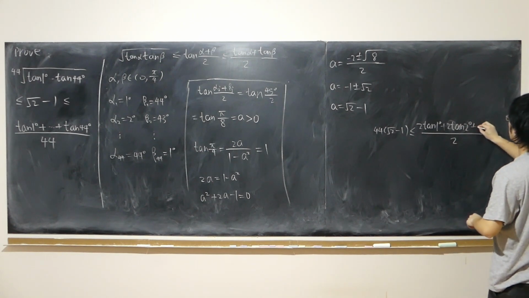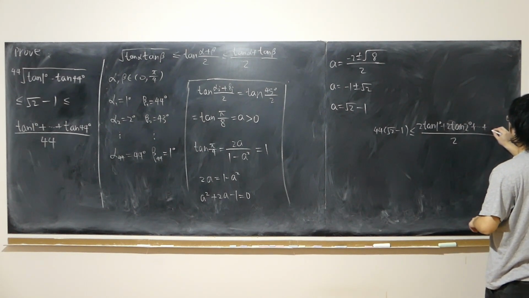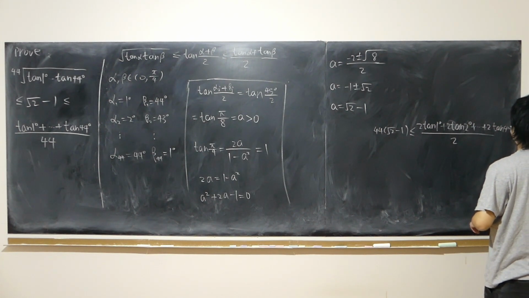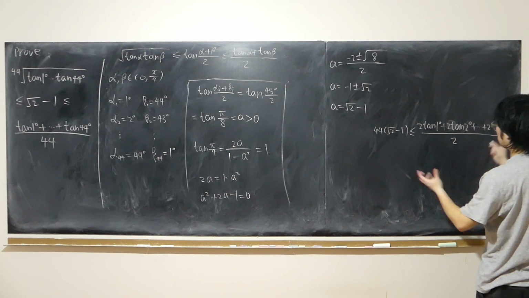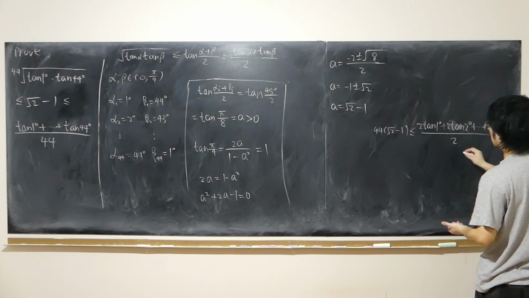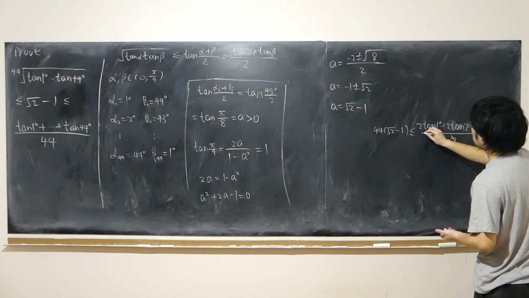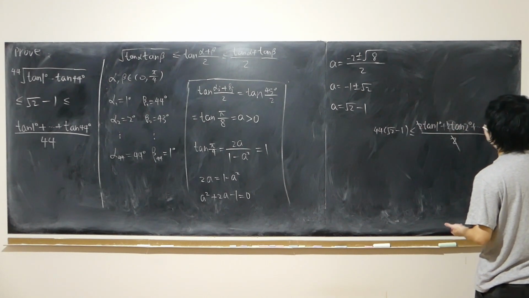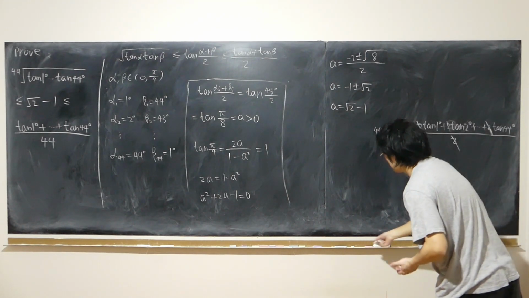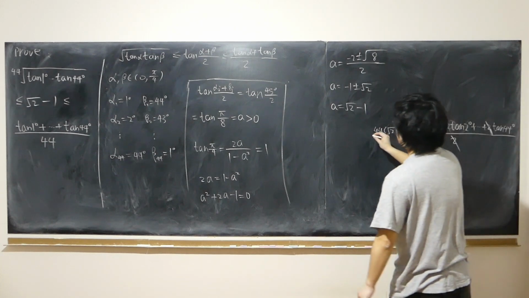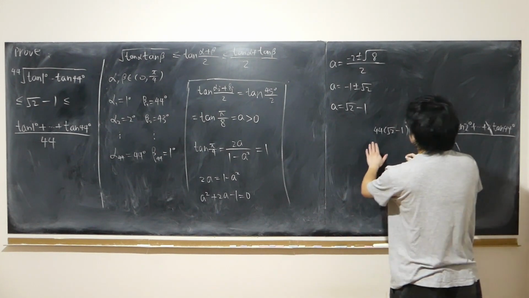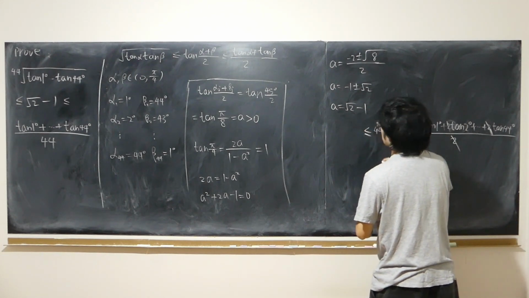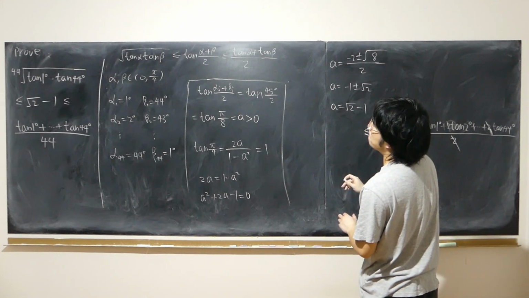So overall, I have all the way twice of tangent 44 degrees. So 2 just factor out, so no more 2s. And that is bigger than or equal to the left-hand side.